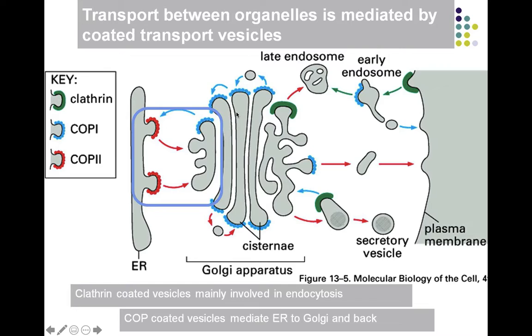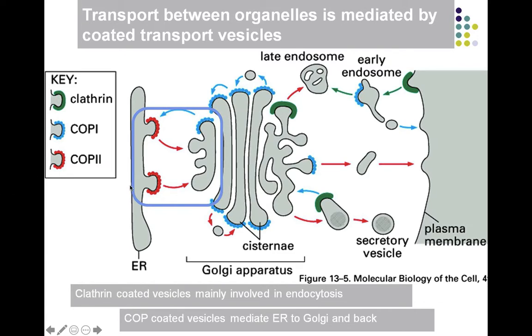So expect clathrin as the coat protein for transport vesicles that carry material from the outside environment going inside. COP2 are coat proteins associated with the flow of material from the ER to the Golgi.